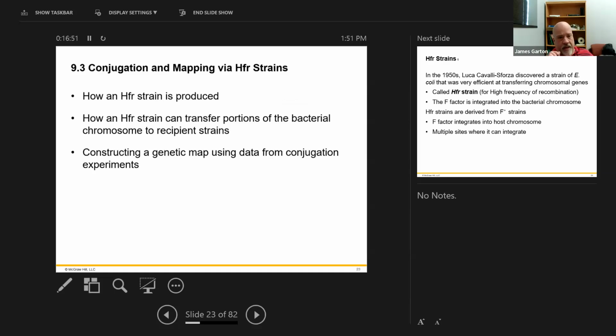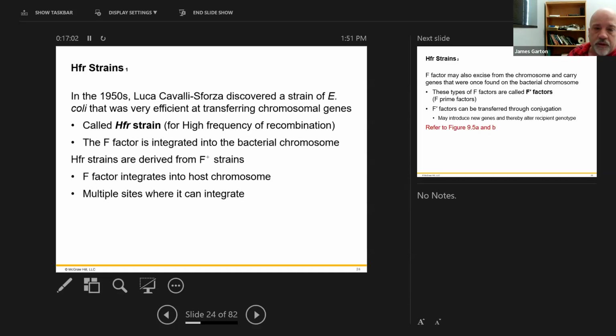Now, you can use this episome effect to do genetic mapping. And it was found in the 1950s. You just stumbled across this. There was a type of E. coli that became known as the HFR strain, high frequency of recombination.